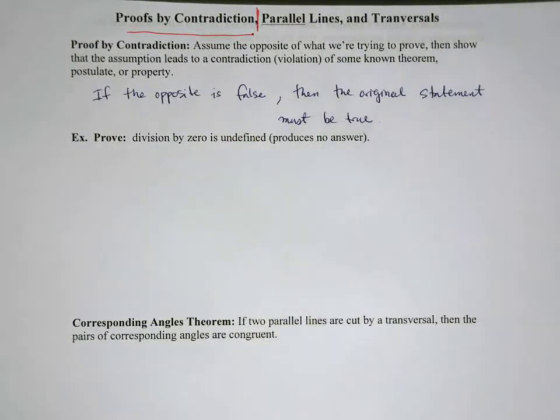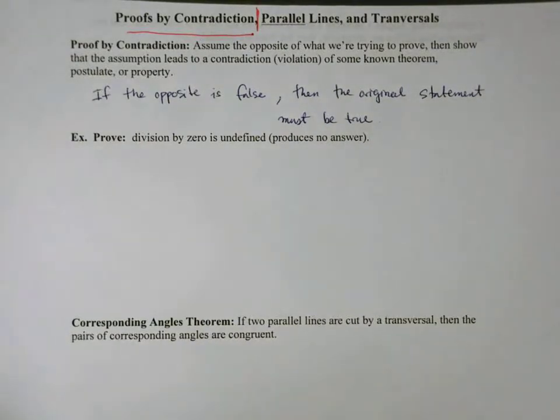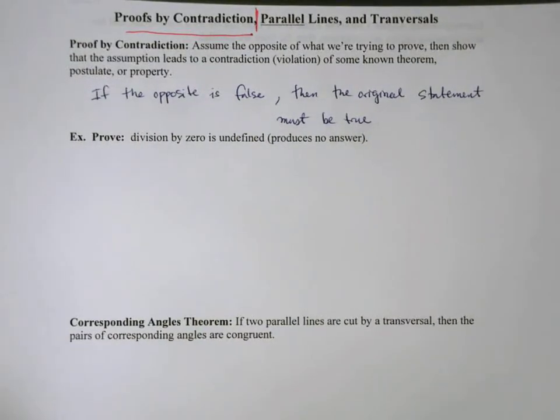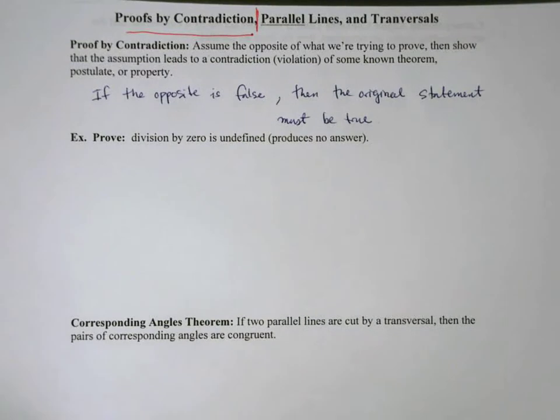So now let's look at an example here, and this is probably something that you've seen maybe in algebra or maybe even before that in elementary school. It says prove that division by zero is undefined, or that it produces no answer. I don't know if you remember, but when you had this talk in elementary school or middle school, there was maybe a little bit of debate, and everybody says, sure, why does it have to be no answer?